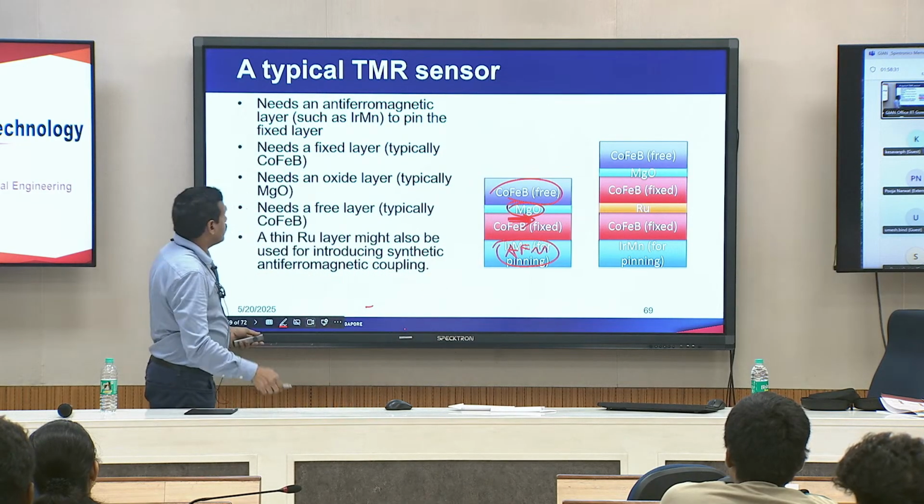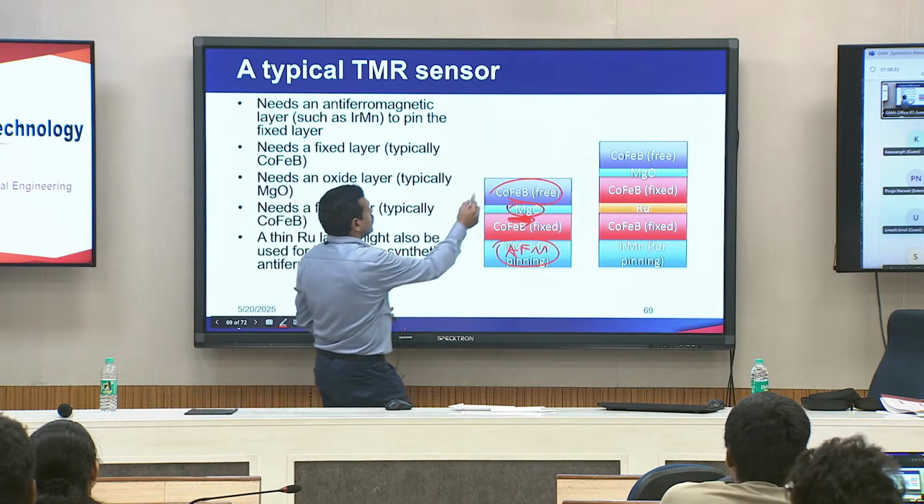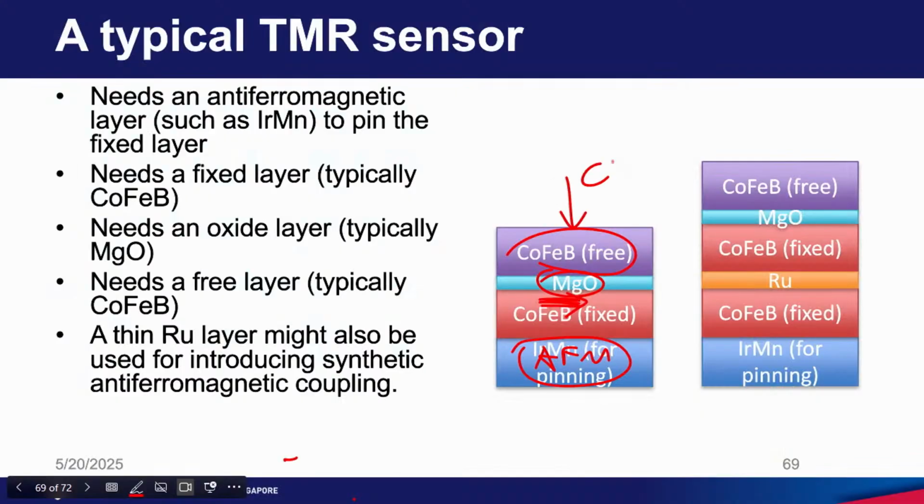So, it is very similar in concept, but we are using only the CPP geometry. Current is flowing in the perpendicular direction, and we are looking at the tunneling probability through the magnesium oxide. The tunneling probability is high when the magnetizations are parallel, and low when the magnetizations are anti-parallel. Okay, here I show a somewhat more complex design, which we will discuss another time.